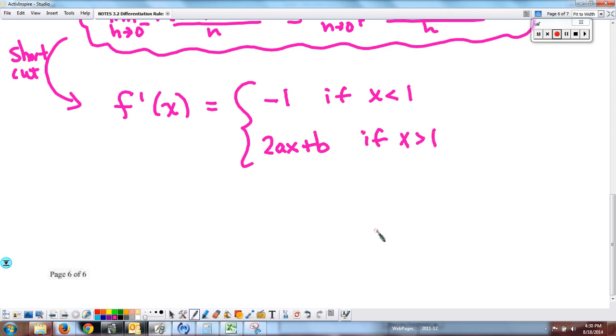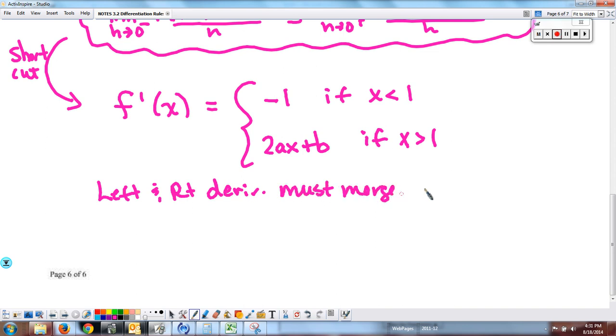Now notice at this point I'm not commenting about x equals 1 yet, because I don't really know whether or not the derivative exists there. I'm not going to plug 1 in here. What I want to make sure is that the left and right pieces of the derivative merge smoothly, and they must exist.